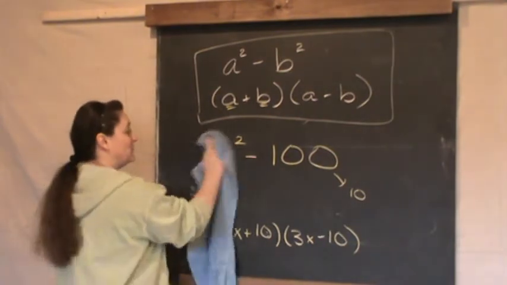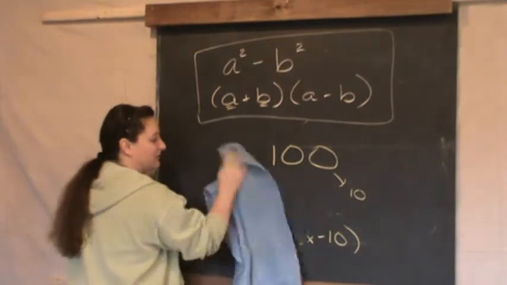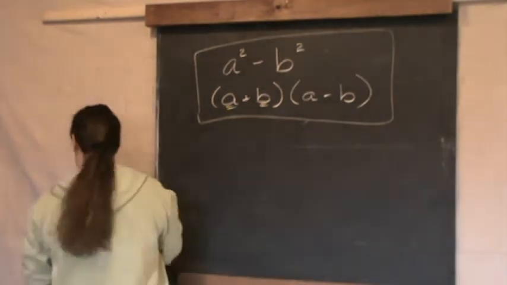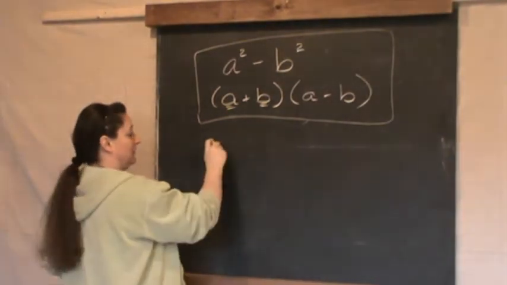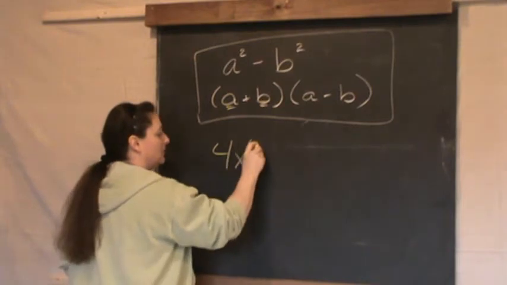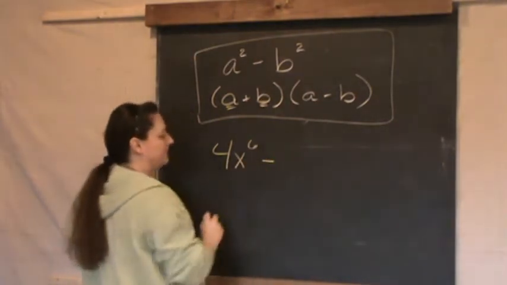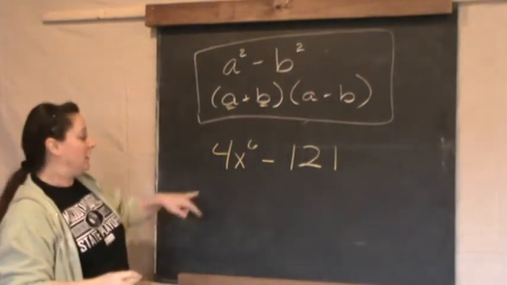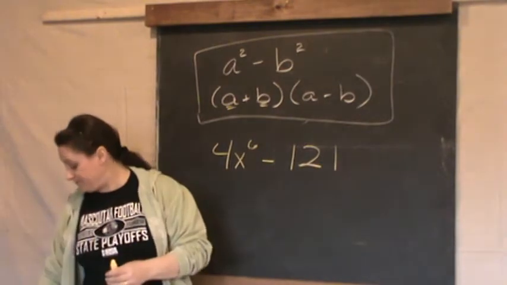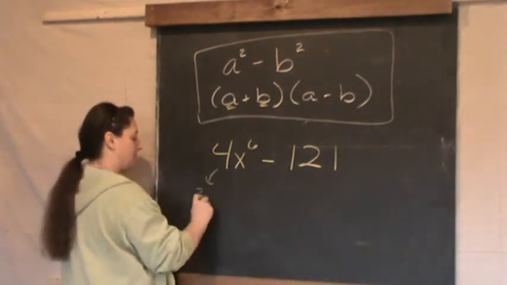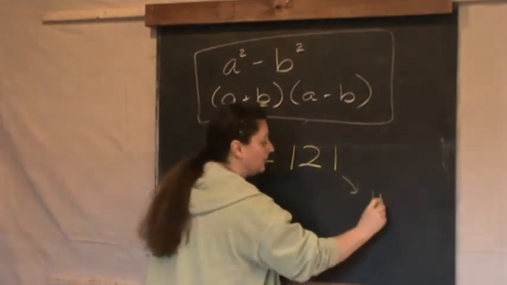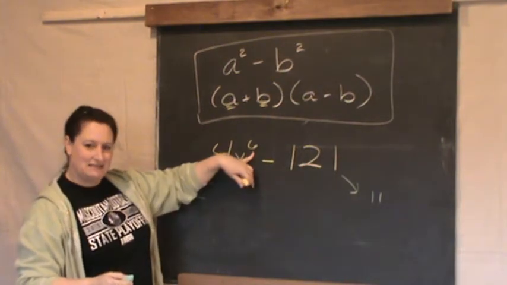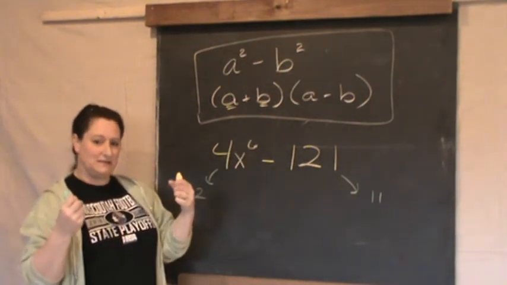One more of these, and then we're going to do the part that we didn't get to before we all left. All right, let's say we've got 4x to the 6th minus 121. You should know the square root of 4 is 2. You should know that the square root of 121 is 11. So what's x to the 6th broken into two equal pieces?